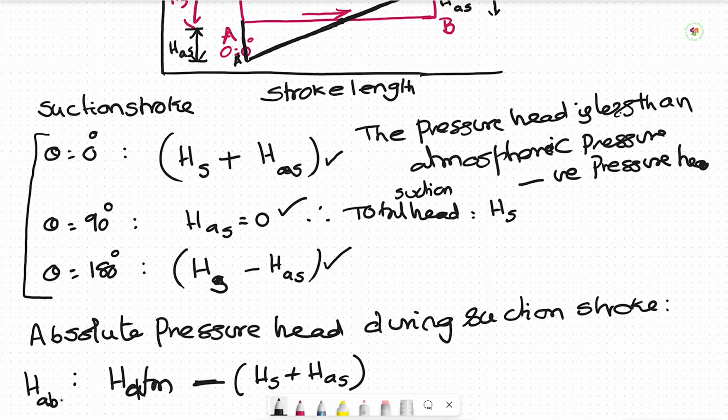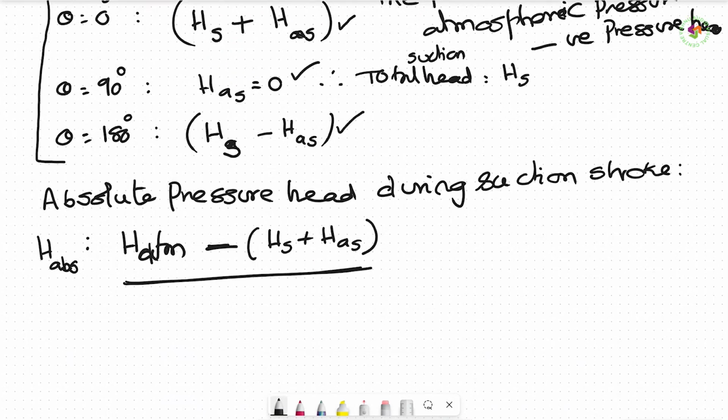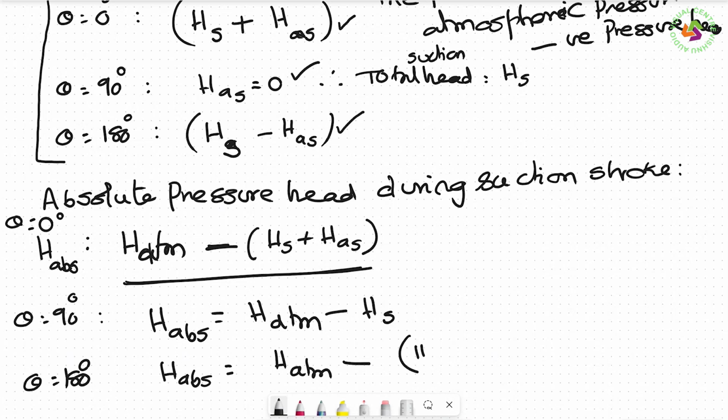This is H absolute, and it is very, very important for us in the next lecture. Similarly, during the suction stroke, at theta equal to 90, H absolute is equal to H atmosphere minus HS. And at theta equal to 180 degrees, H absolute is equal to H atmosphere minus of HS minus HAS.